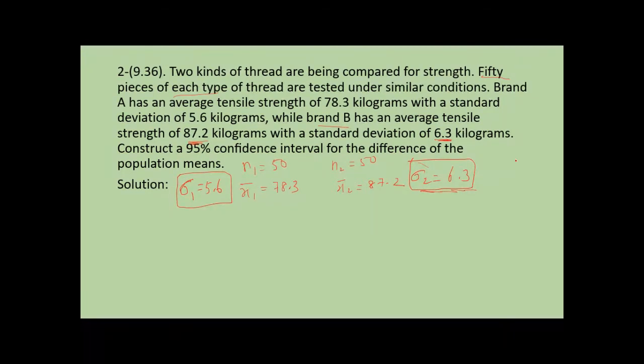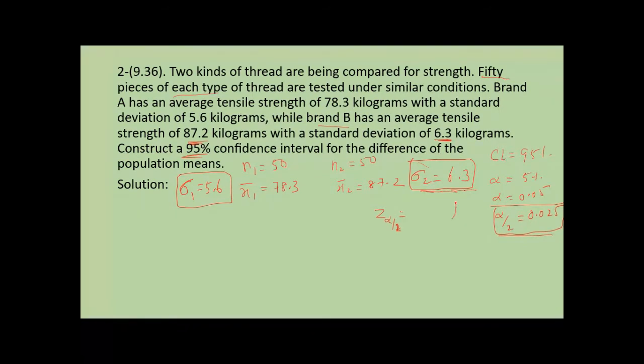Before using the formula, find the Z value. What is the confidence level? 95%. Confidence level CL is 95%, which gives significance level alpha of 5%, which is 0.05, and alpha over 2 is 0.025. Divide 0.05 by 2. For this alpha over 2, we have to find the Z value. So the right side area is 0.025. What is the Z value? Z alpha over 2 leaves the area alpha over 2 to the right side of the curve.